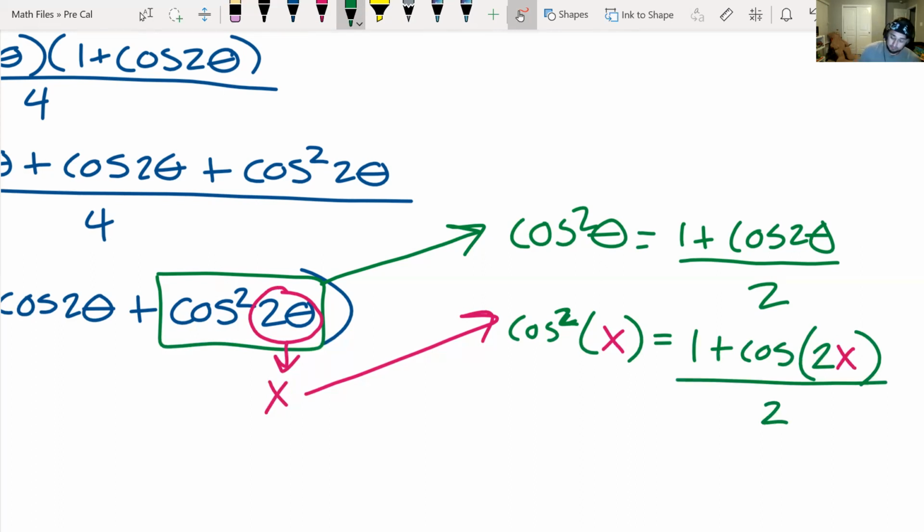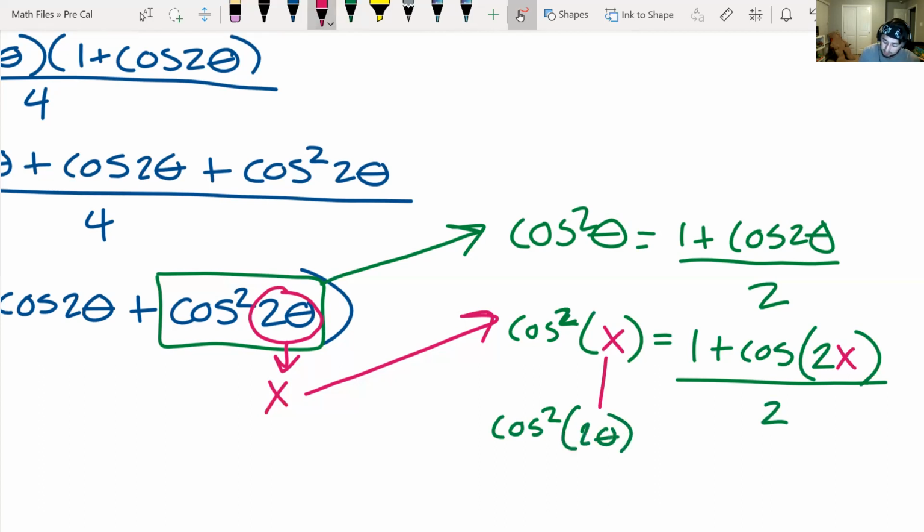But now, let's bring in what x is. So this becomes cosine squared of 2 theta, right?